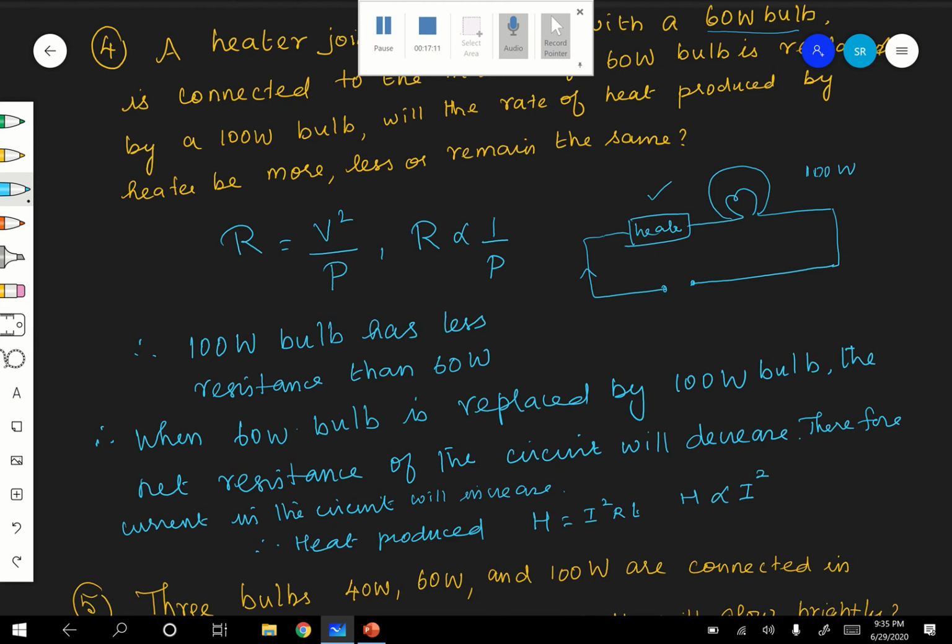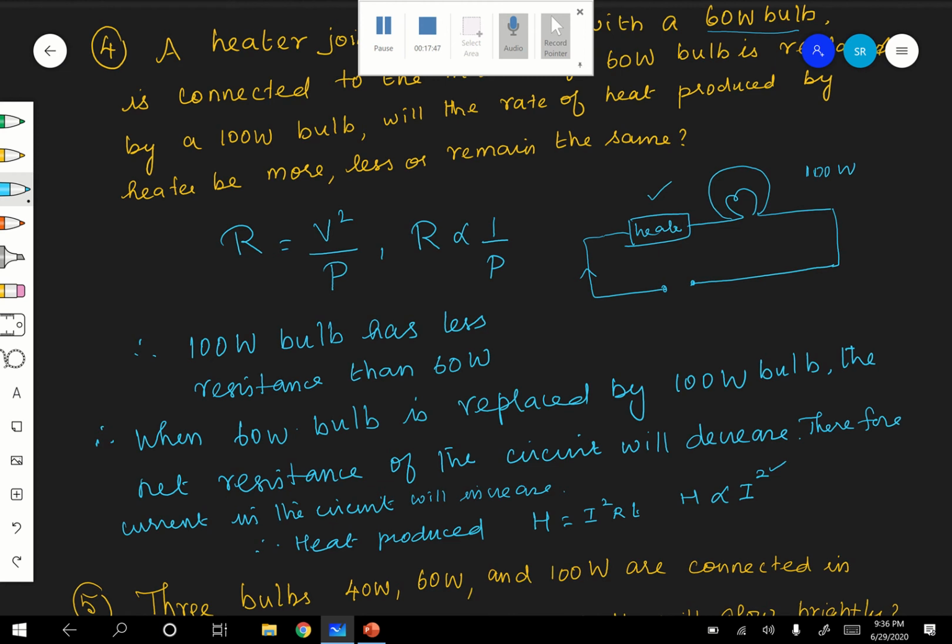Therefore, H is proportional to I squared. If I is increasing, definitely more the current, more will be the heat produced. It is proportional to the square of the current. Therefore, definitely more heat will be produced in the heater.